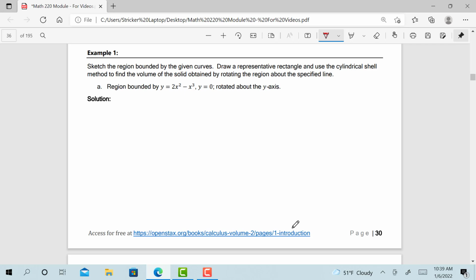All right, so let's go ahead and sketch our graph. Again, make sure that you are graphing this and that you agree with the graph that I'm putting on here. This graph looks something kind of like this.